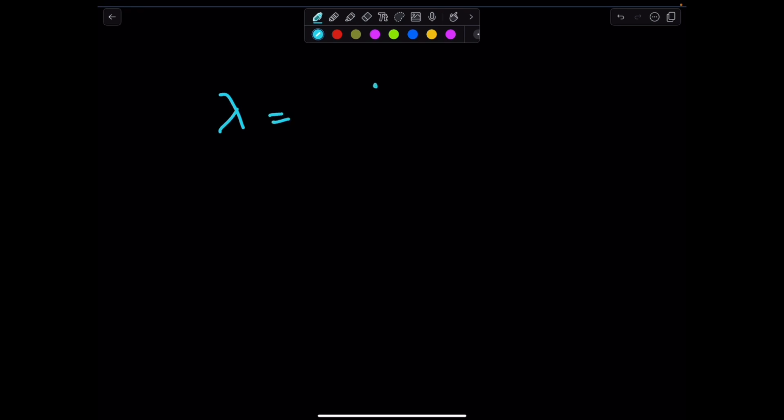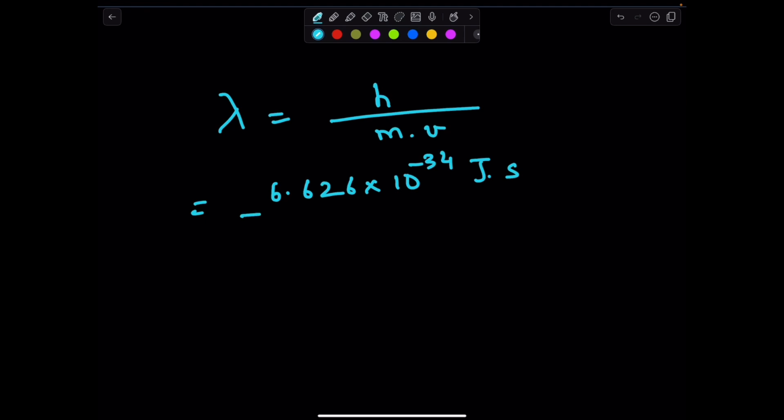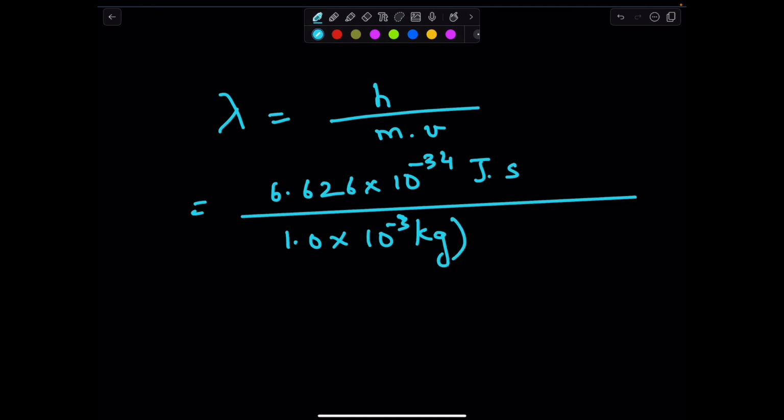So lambda equals h over mv, which is 6.626 times 10 to the negative 34 joules second over mass, which is 1.0 grams, 1.0 times 10 to the negative 3 kilograms, times velocity, which is 100 kilometer per second. 1000 meters equals 1 kilometer.